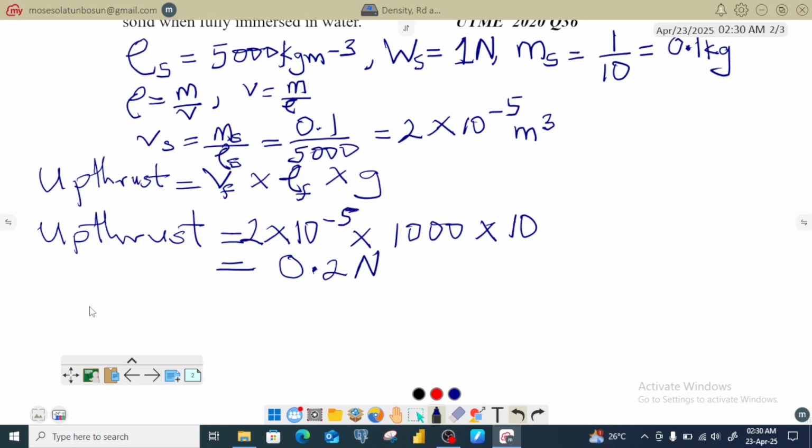Okay. Now the second question says we have to calculate the apparent weight of the body in the fluid. Apparent weight of the body in the fluid is what is left in the measurement of the weight of the body after we've immersed the body in a fluid.